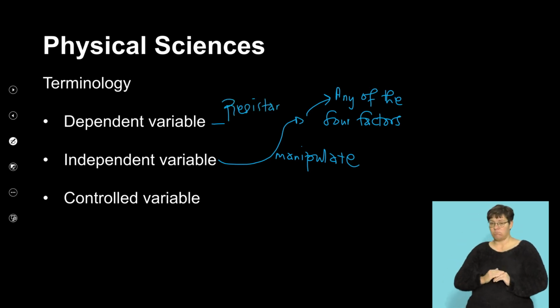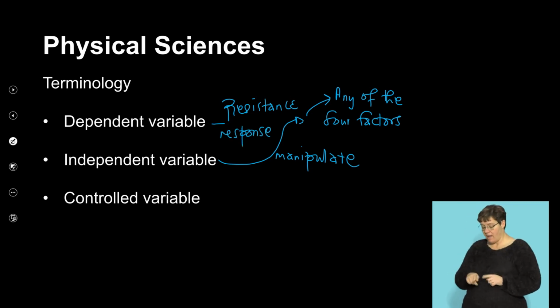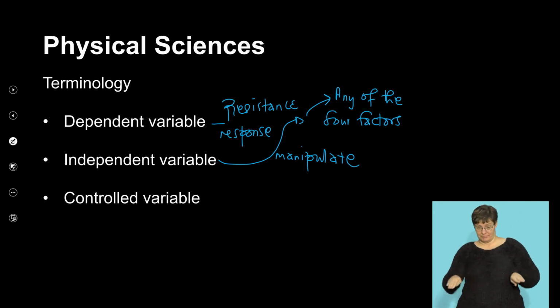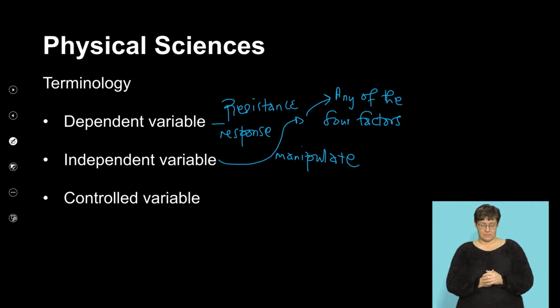So resistance becomes our response variable. We need to get that correct. So any of the 4 factors that we manipulate in a given investigation is our independent variable. And by changing either length, temperature, or diameter, how does that affect the resistance of that material, which becomes our dependent variable.